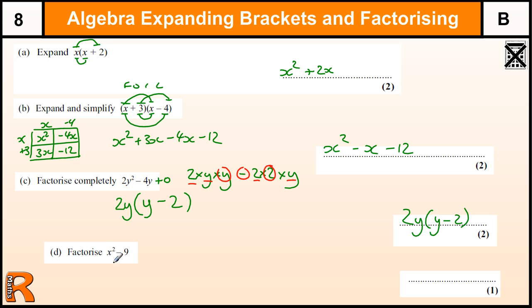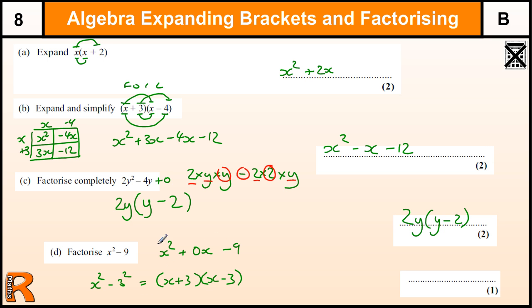Okay, the last one, factorising this one. This one can be beneficial to think of as 0x in the middle and then factorise that, or you might notice this is a square number minus another square number, and the difference of 2 squares tells us that this is x plus 3 and x minus 3.